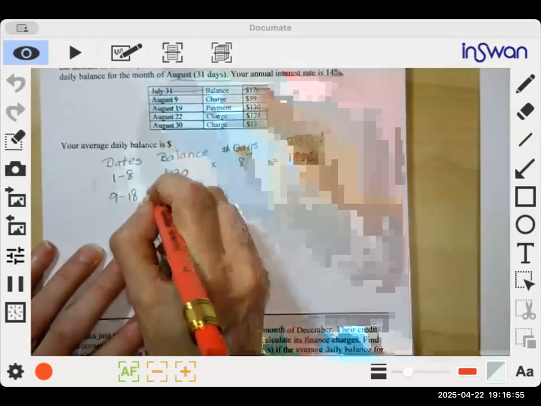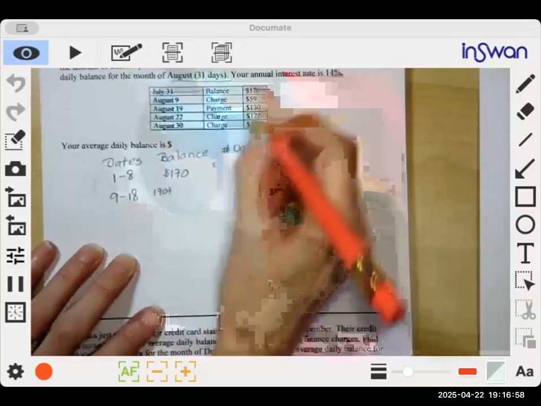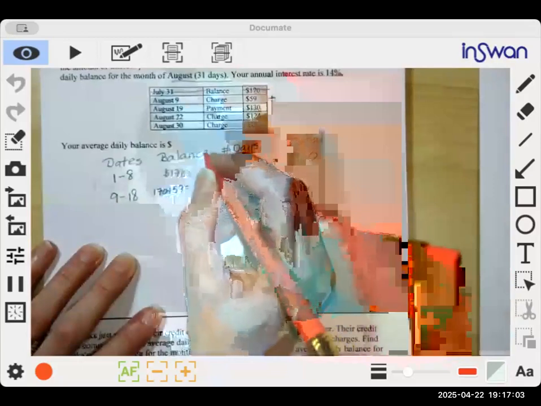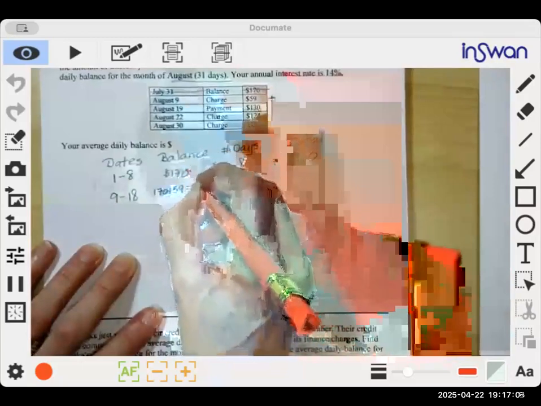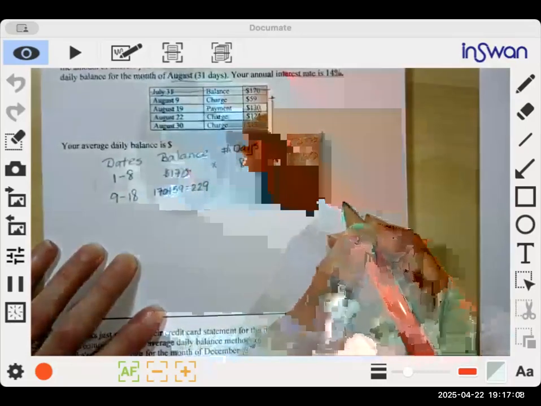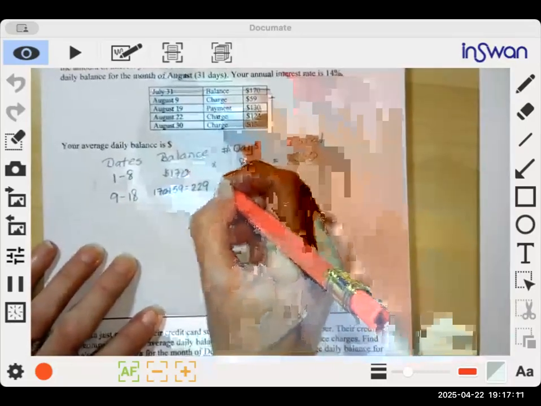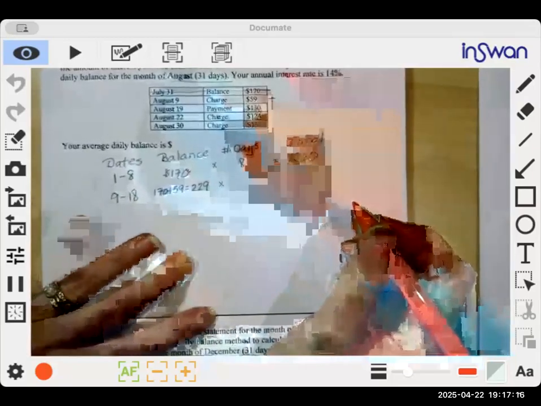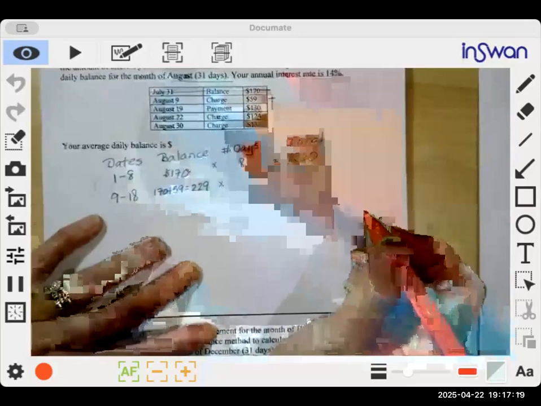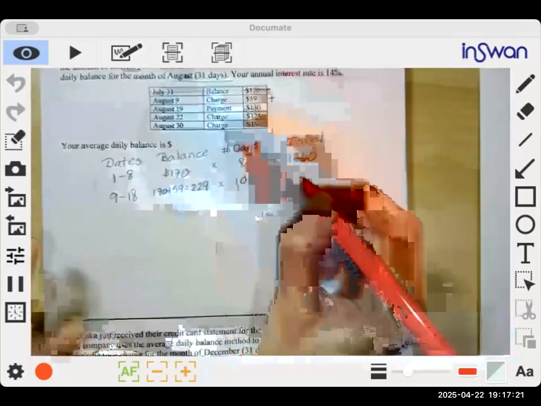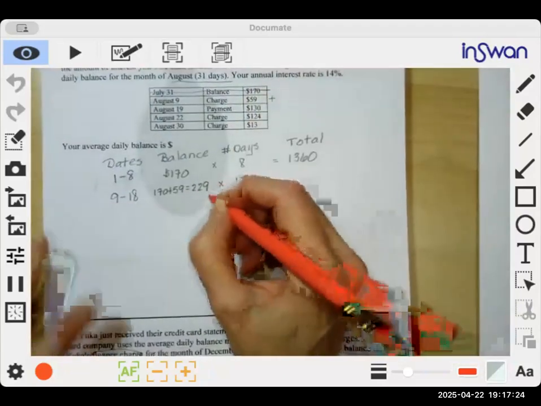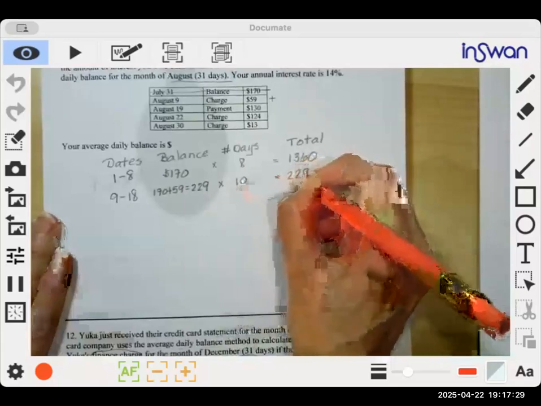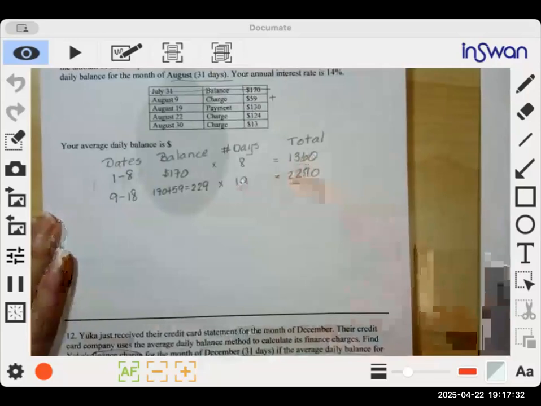So we have 170 plus that 59. And that equals 229. We're going to multiply that by our number of days. So 9, 10, 11, 12, 13, 14, 15, 16, 17, 18, 10 days. So 229 times 10 is 2290.